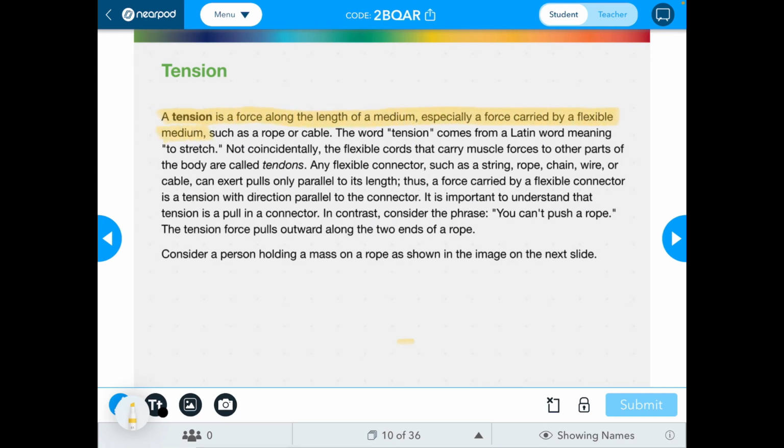So it's a force along a length of a medium, especially a force carried by a flexible medium such as a rope or cable. So the name similarly comes from the same Latin word meaning to stretch that tendons come from, right? You stretch and compress tendons in order to move joints in your body. We'll talk more about that here in a minute too.